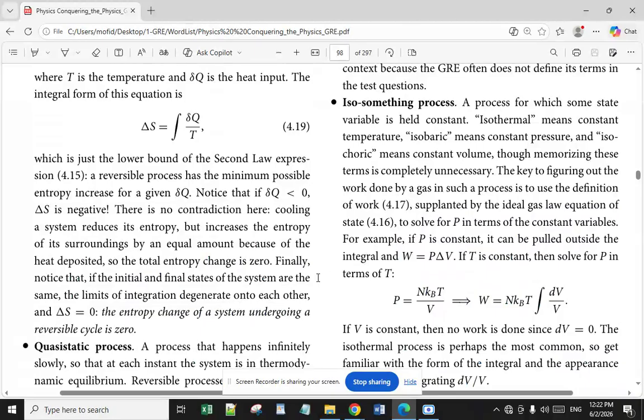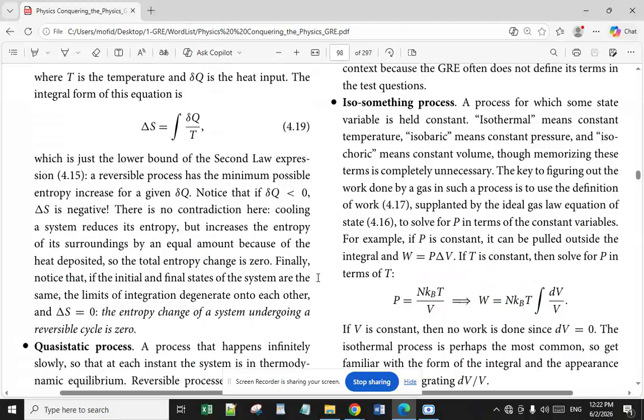Every reversible process has the minimum possible entropy increase for a given dQ. Notice that if dQ is less than 0, delta S is negative. There is no contradiction here.